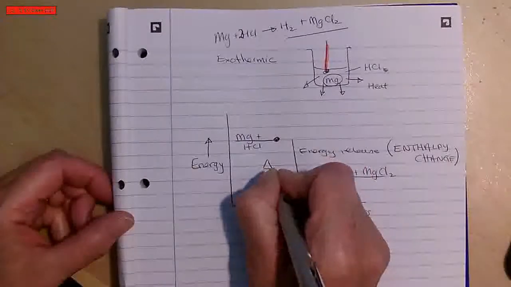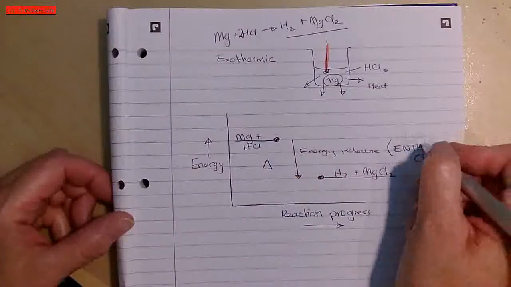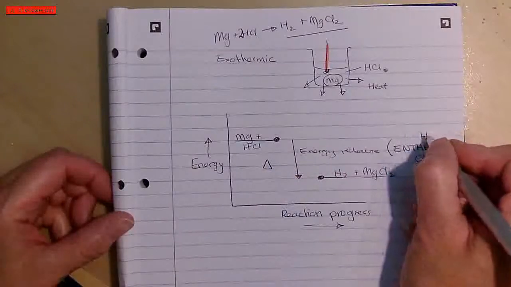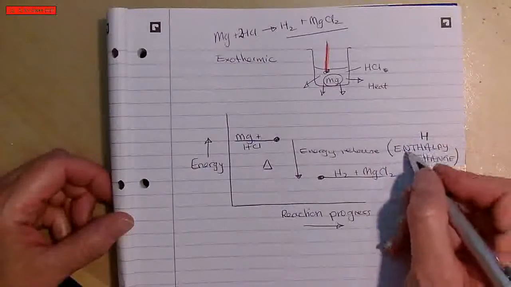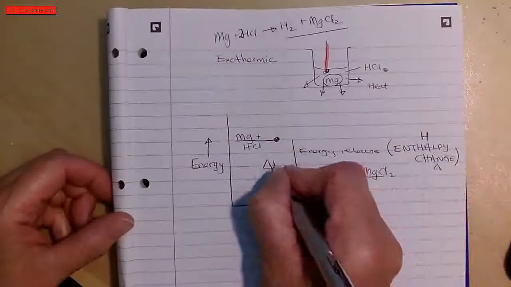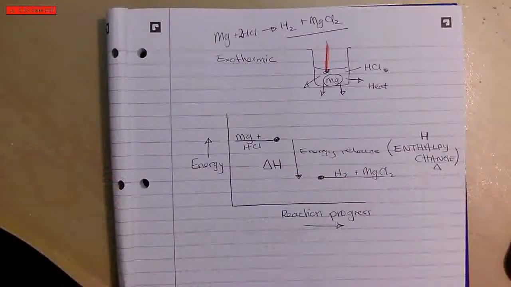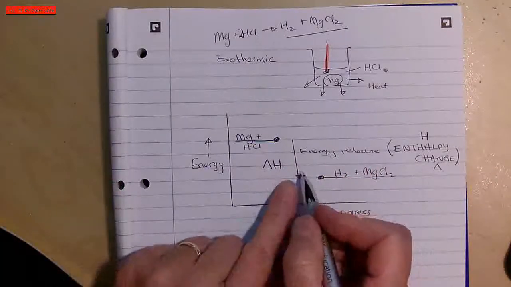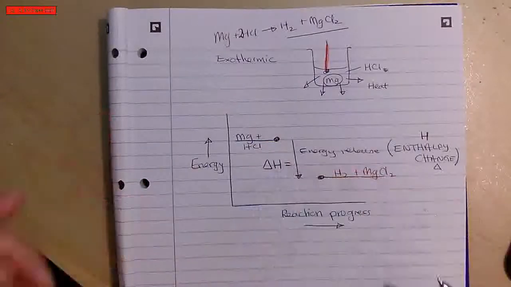So we represent change with a delta symbol, and enthalpy we represent as the letter H. So an enthalpy change we call a delta H.